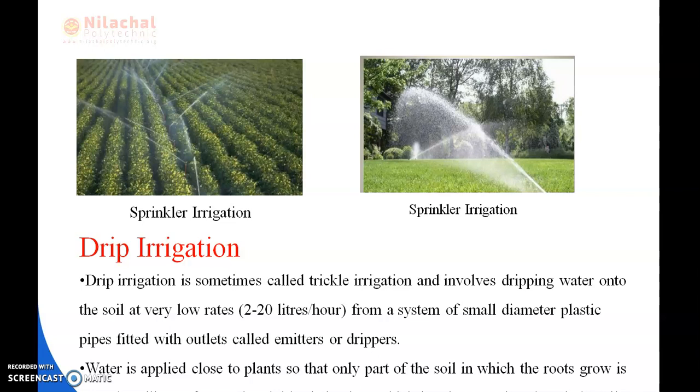So drip irrigation is sometimes also called trickle irrigation, and it mainly involves dripping water onto the soil at 2 to 20 liters per hour from a system of small diameter plastic pipes. Then the water is applied close to the plants so that only one part of the soil in which the roots grow is wetted, unlike surface and sprinkler irrigation which involve wetting the whole soil profile.